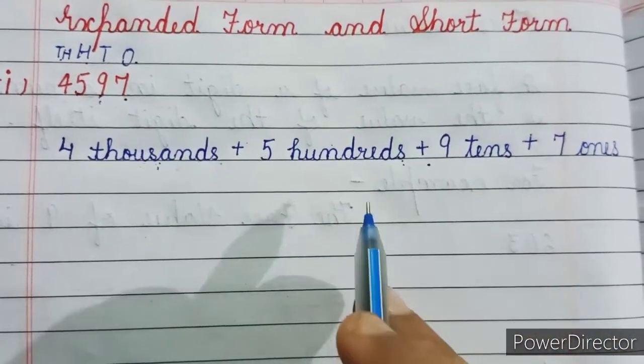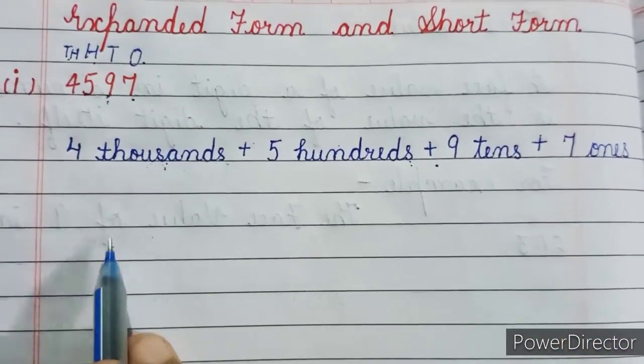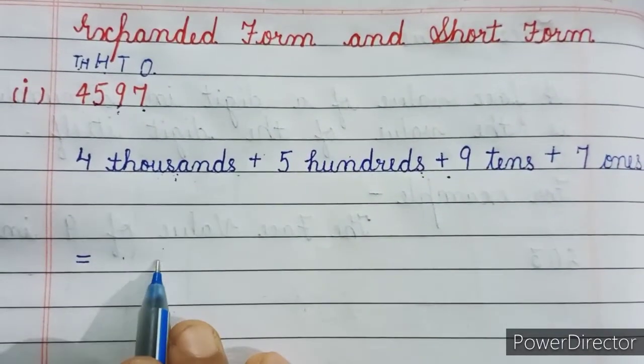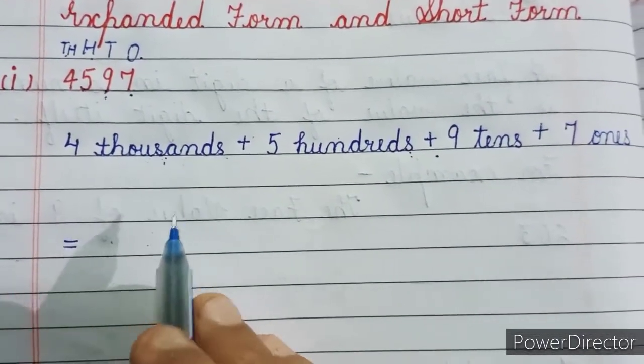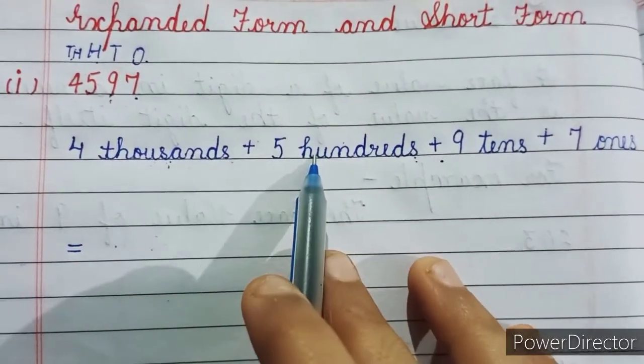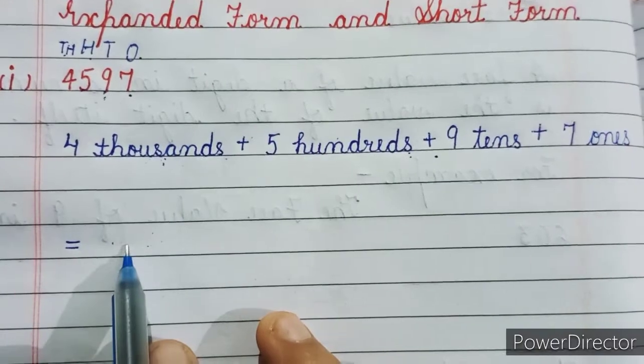Or in another way, how can we write? This is the second way of writing, and this is the first way. Now we will do the second way.